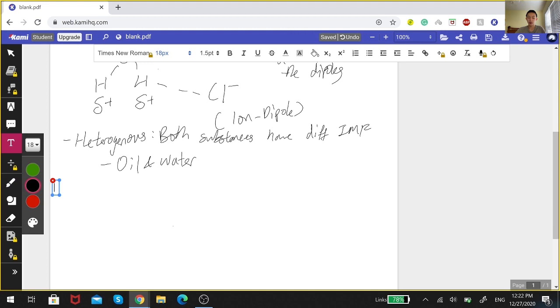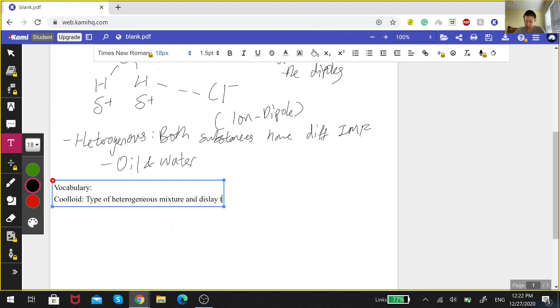Now, some vocabulary is that first we have colloid, and that is a type of heterogeneous mixture that displays the Tyndall effect. And that is the scattering of light.